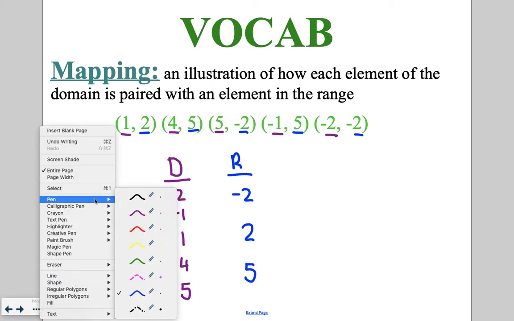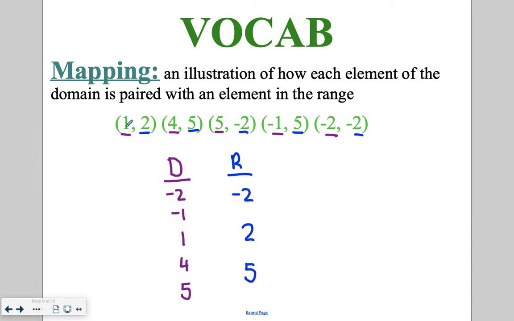What the map does is it gives us a visual. So 1, the output is 2. 4, the output is 5. 5, the output is -2. -1, the output is 5, and -2, the output is -2.